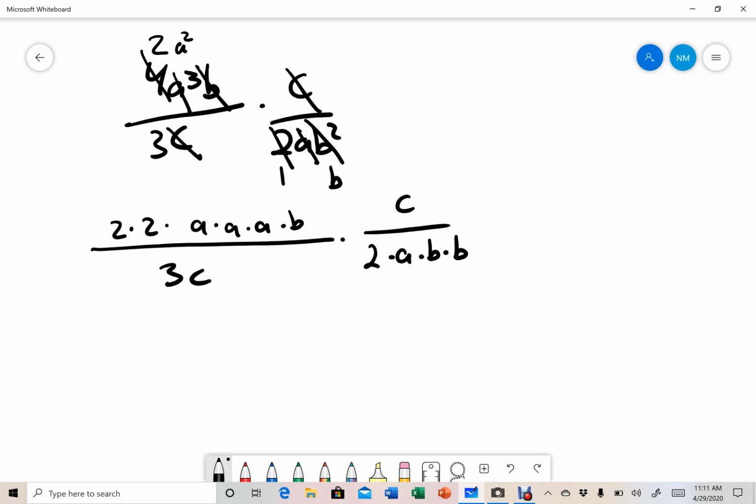So this is the same thing as this, just expanded out so that you can see all the factors so that you can easily cancel. So this would cancel this out, 1a cancels out here, 1b cancels out here, leaving me with 2a squared times c, and then 3c times, or excuse me, this c cancels out with this c, 3b.